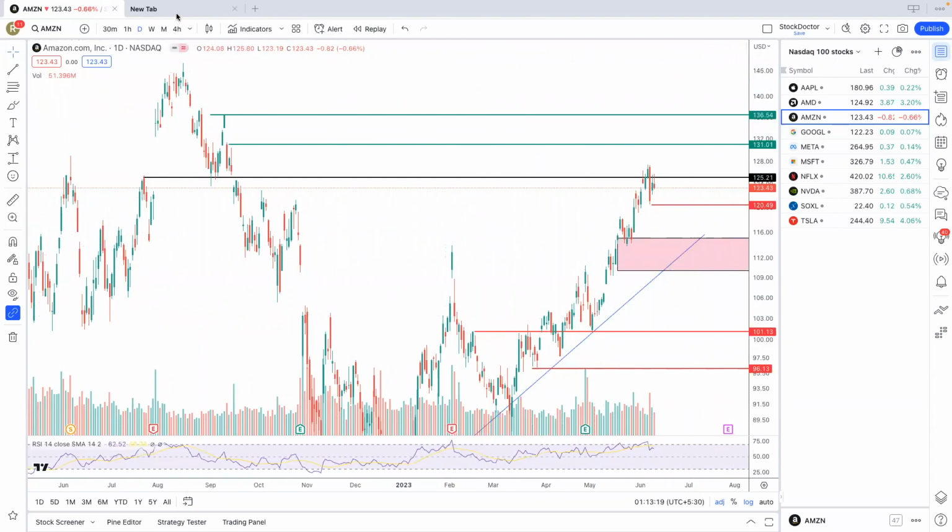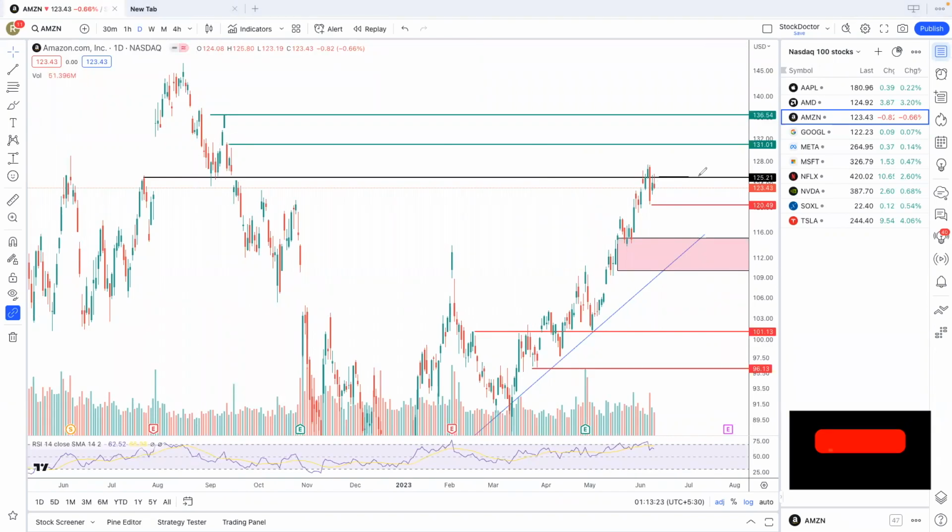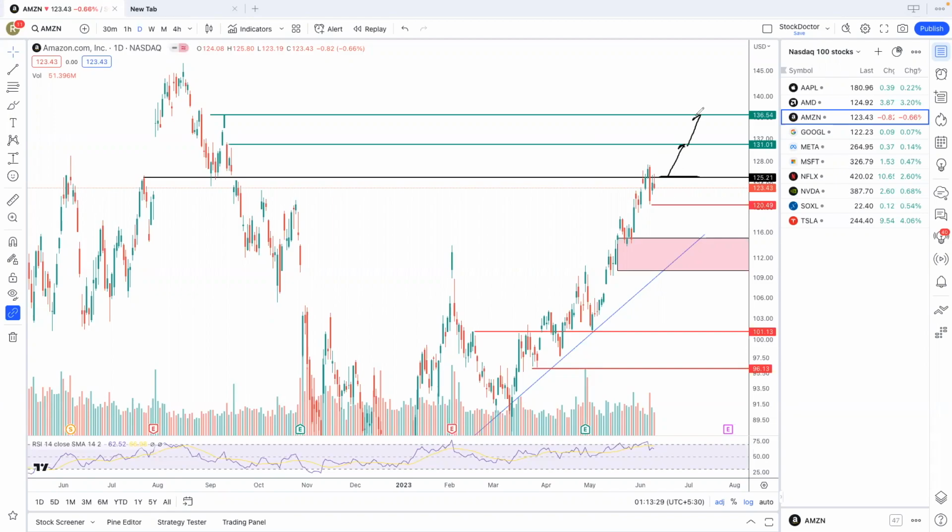For Amazon, we need to watch the level of 125. If it starts trading above 125, then the first target is 131 and the second is 136.50. On the downside, if it doesn't trade above 125, the first target is 120 and the second is this support area of 115 to 110.